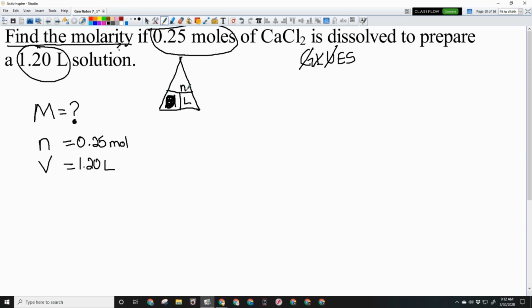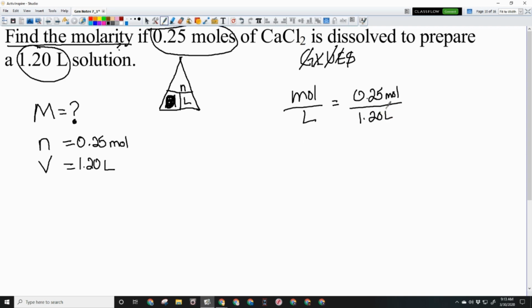It's going to be moles divided by liters. There's our equation. Now we substitute and solve. What am I going to substitute in for moles? 0.25 moles divided by 1.20 liters.